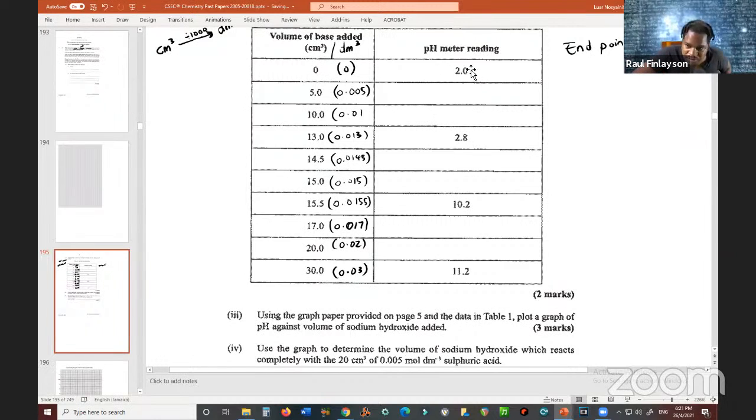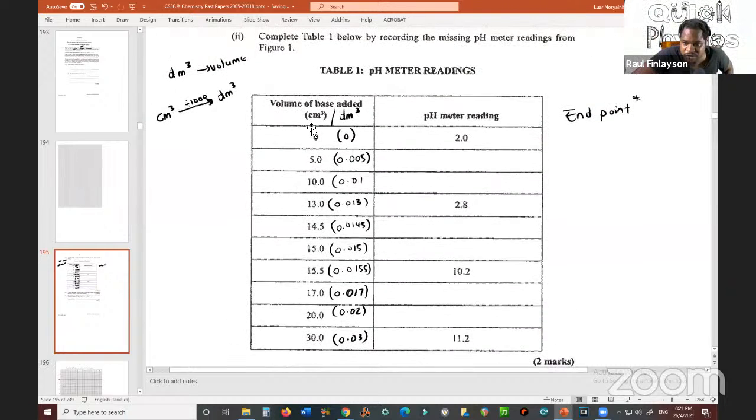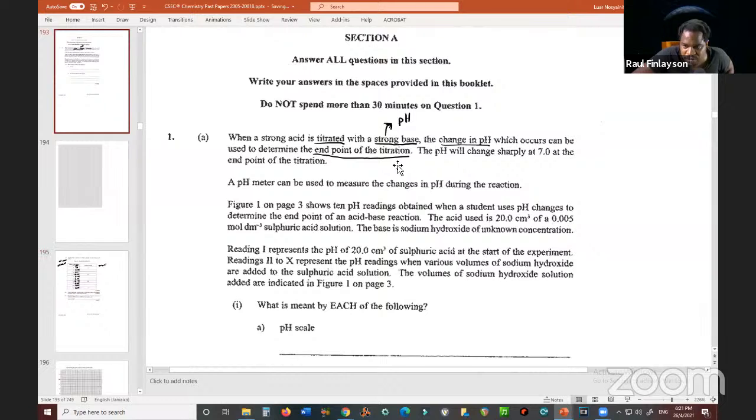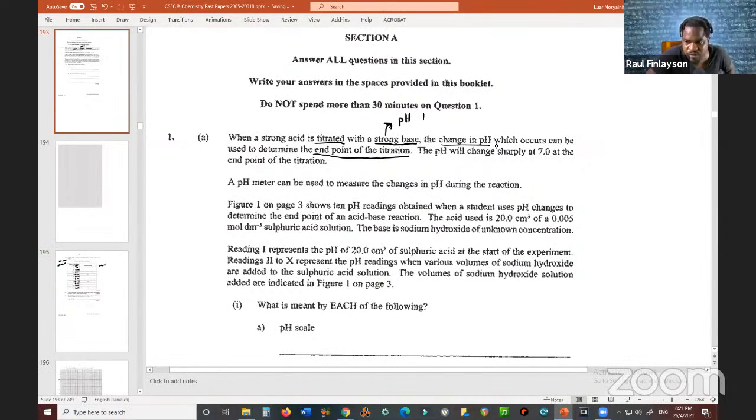Now we are seeing it starts at 2 here, and there's a reason for that. Let's go back to the question. A strong base has a pH of, let's call it, 12 to 14.